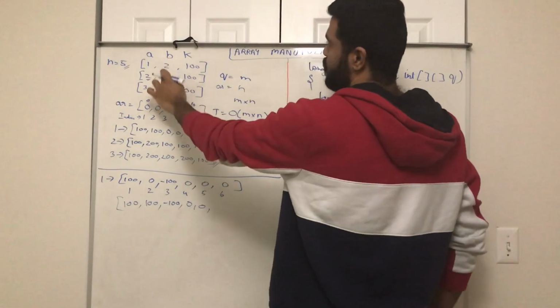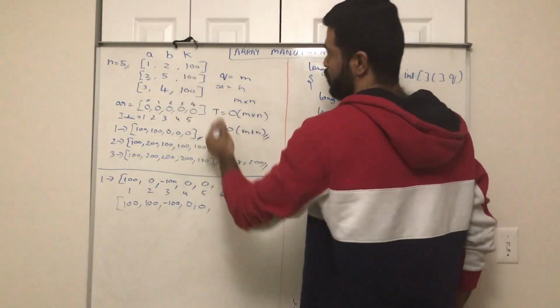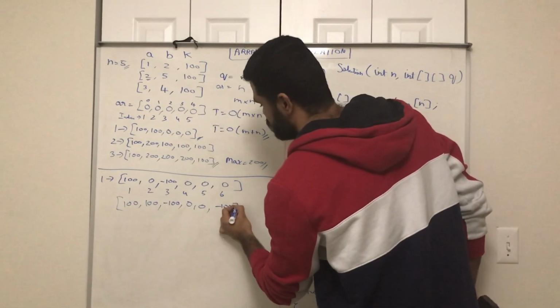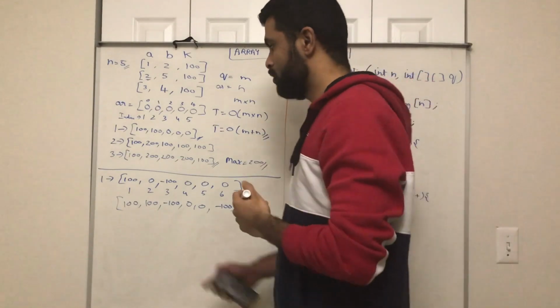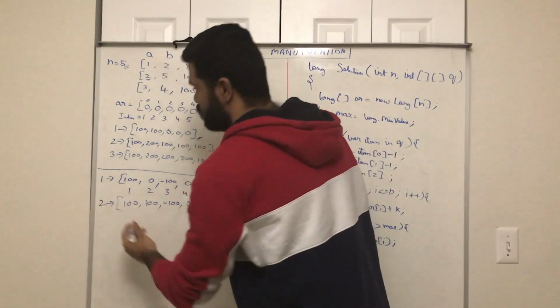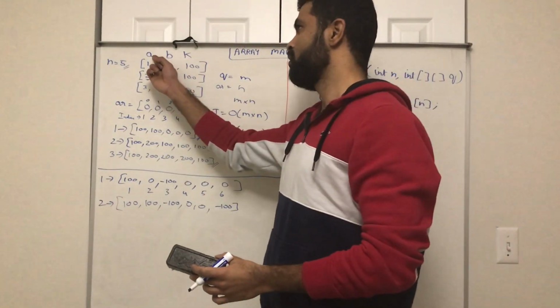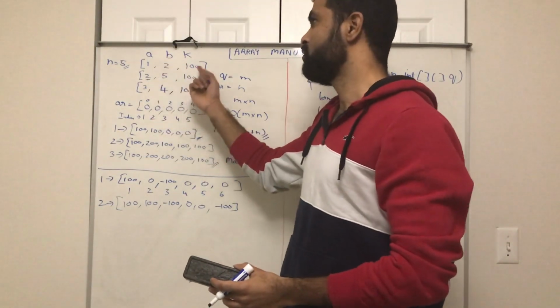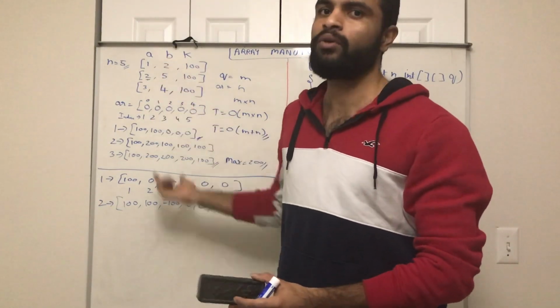At point B plus 1, which is 5 plus 1, 6, I'll be adding minus 100. Okay. So this is after query 2. So here I'm just adding 100 at point A and subtracting 100 at point B plus 1.